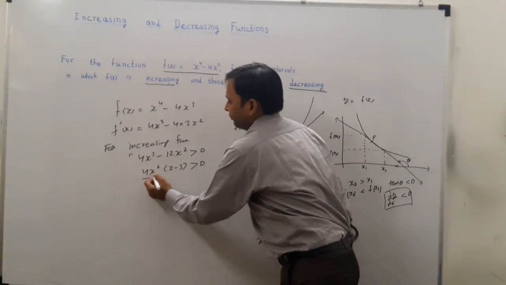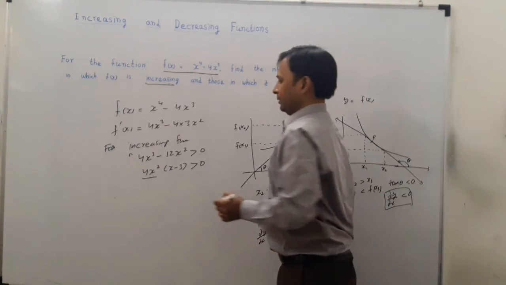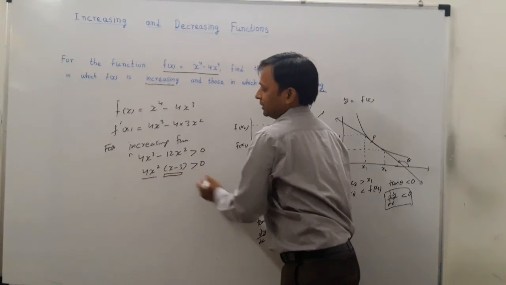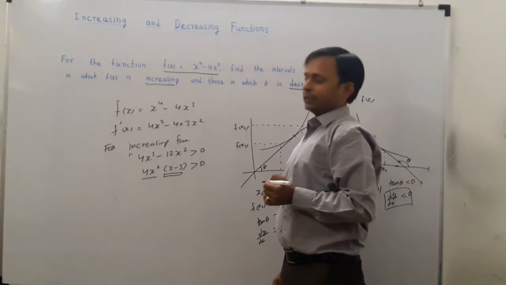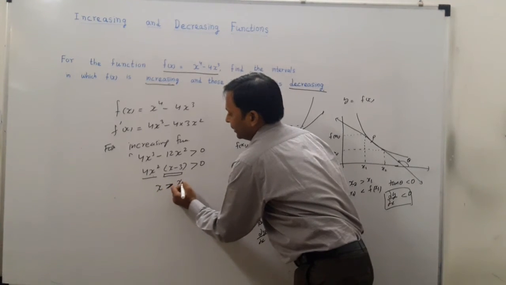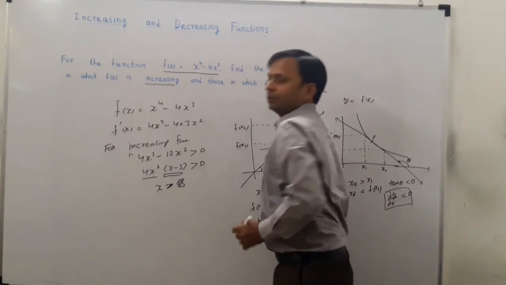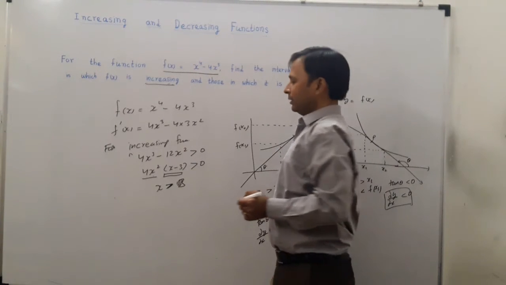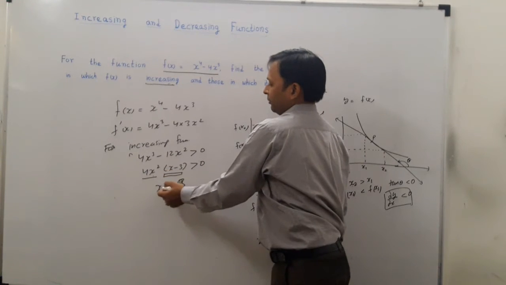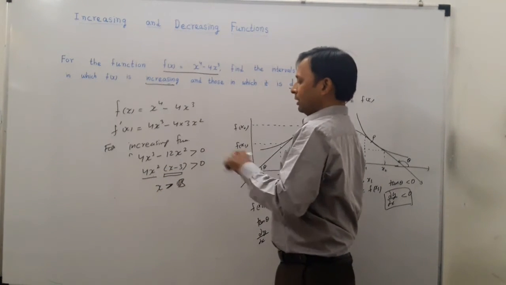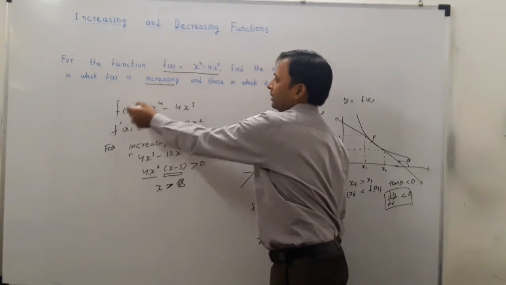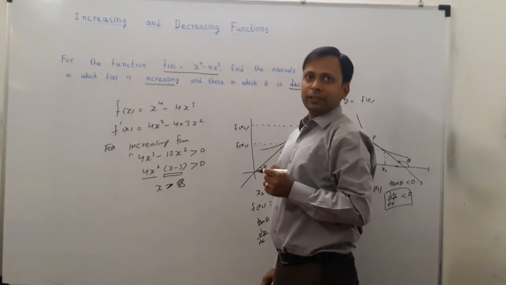Now we know that 4x square is always a positive number, and for this whole f dash x to be greater than 0, this x minus 3 has to be greater than 0. So x minus 3 should be greater than 0, means x should be greater than 3 for this function to be an increasing function. That means for all the real numbers where x is greater than 3, this function is an increasing function.